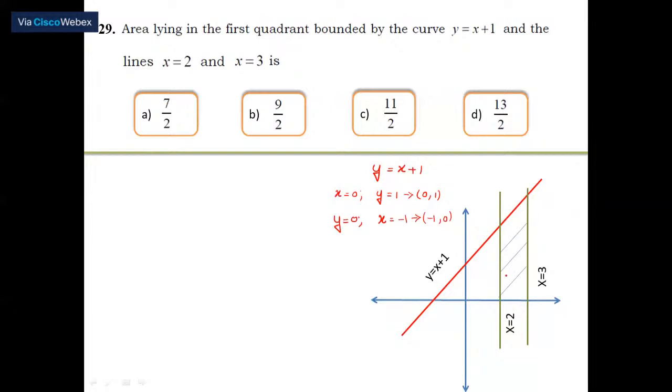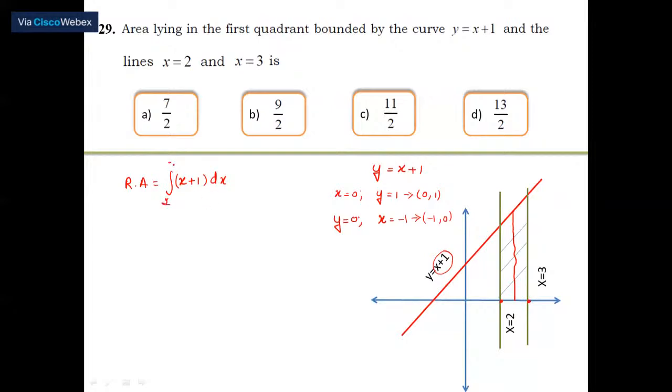And to find out this area, let us consider a vertical strip in the required region. So it is from x-axis to the line y is equal to x plus 1. So our f of x is nothing but x plus 1, integration of this between the values x is equal to 2 to 3.